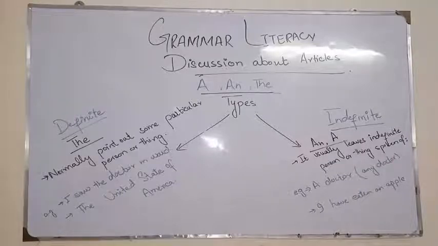There are two examples I've given you. First one is, I saw the doctor in the ward. Here what is the scenario? Somebody is asking where you have seen the doctor. That means somebody is specifically talking about some specific doctor. Have you seen that doctor? You have met that, or I couldn't find that doctor.